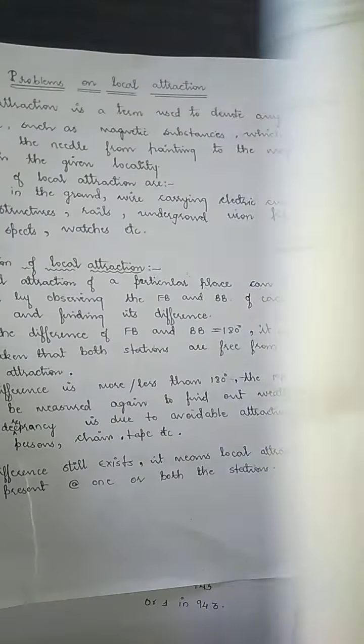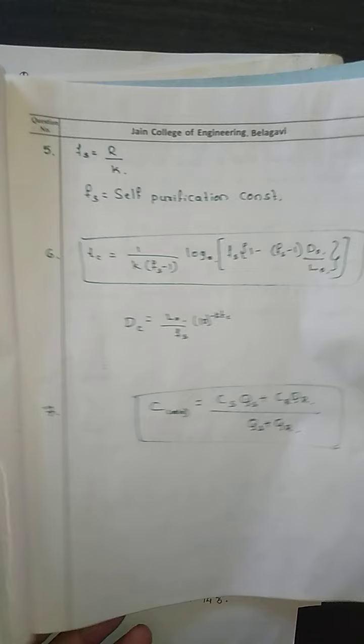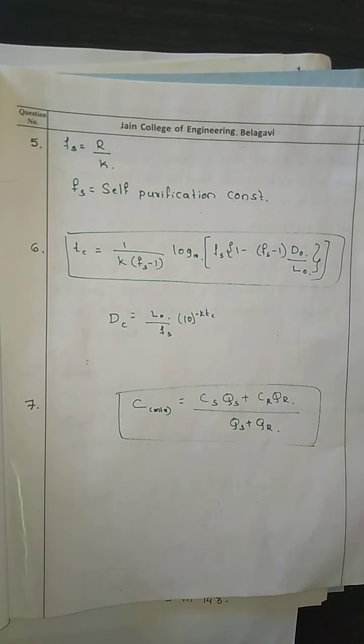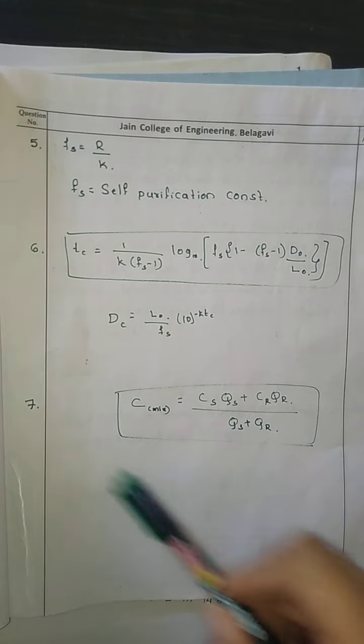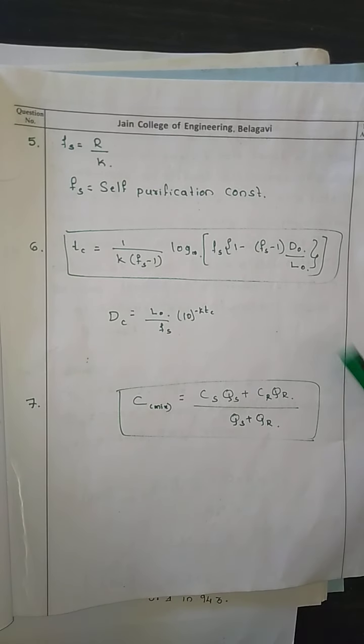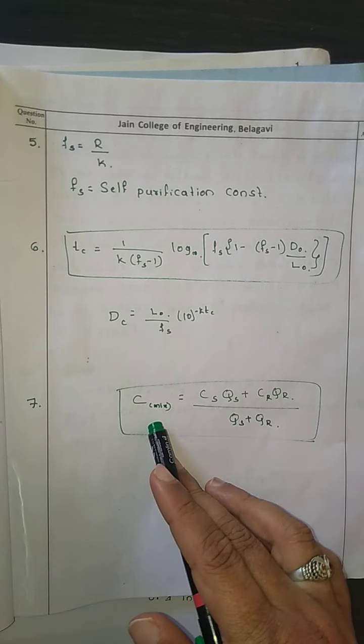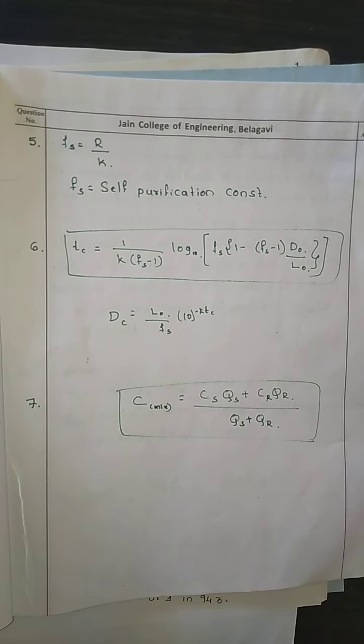Now the most important formula in all these problems is this one, where we find C mix, the concentration of the mix. As I have told, when we have dilution, we mix the sewage and the stream water.